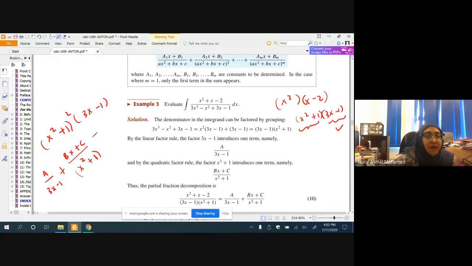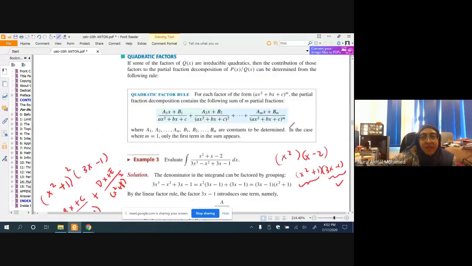Okay, this is correct. And another one will be dx plus e divided by x squared plus 1 squared.